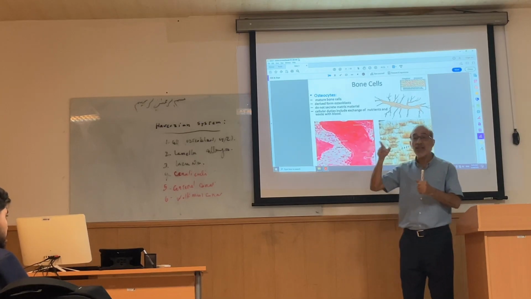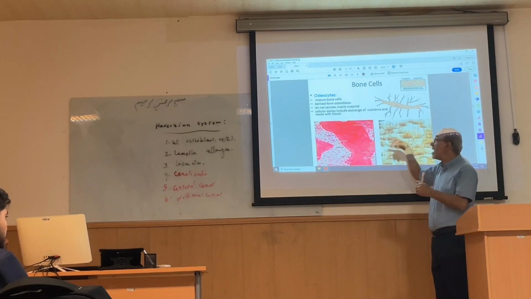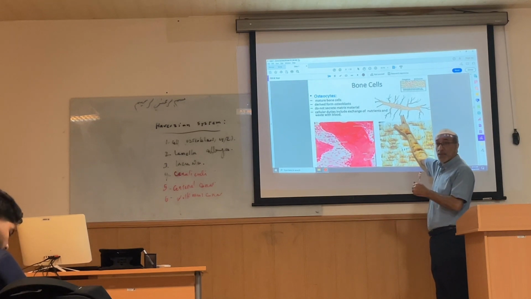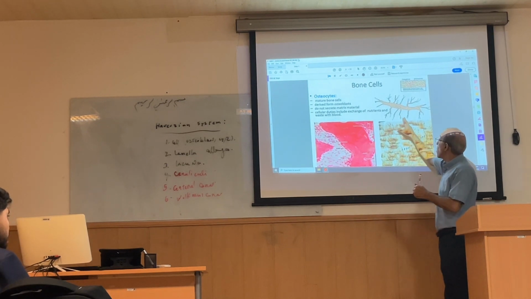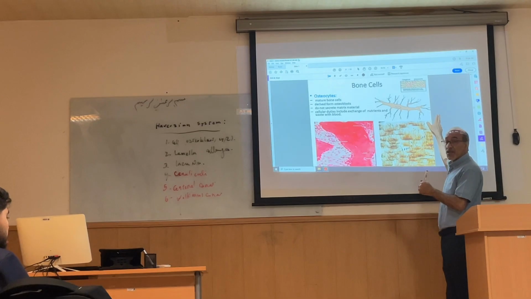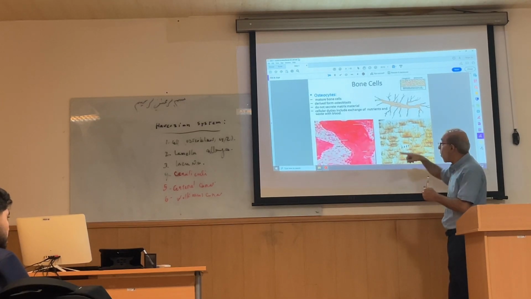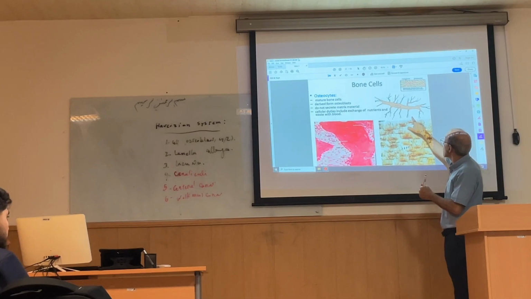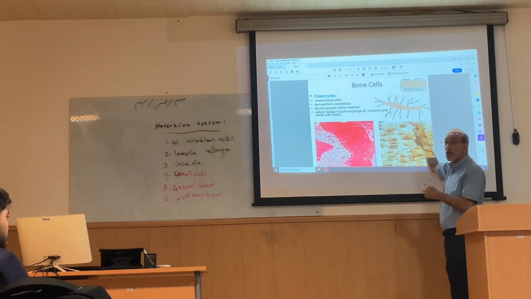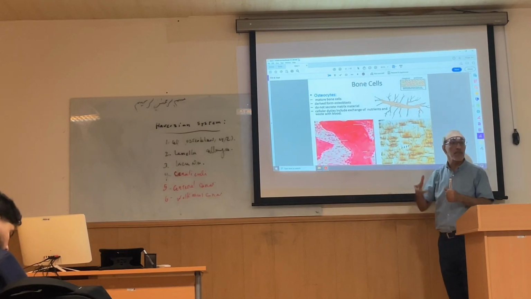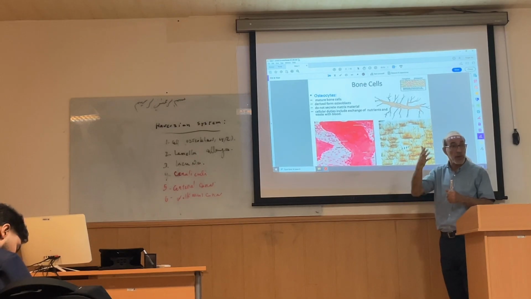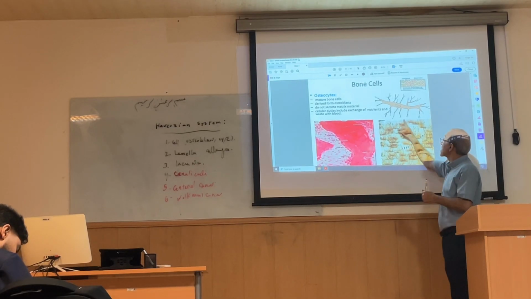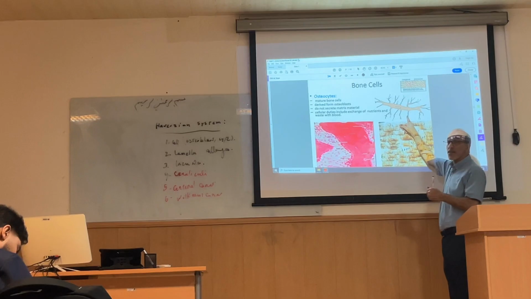In this part, when a process of cytoplasm of one cell joins the process of cytoplasm of another cell by a junction, what is the name of the junction between the two processes? Gap junction. Very good.